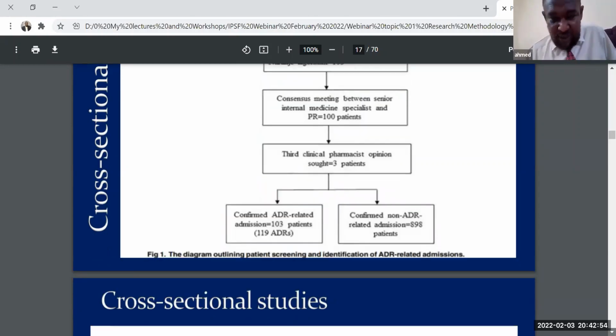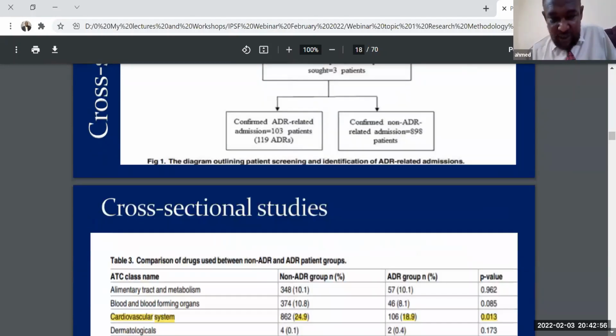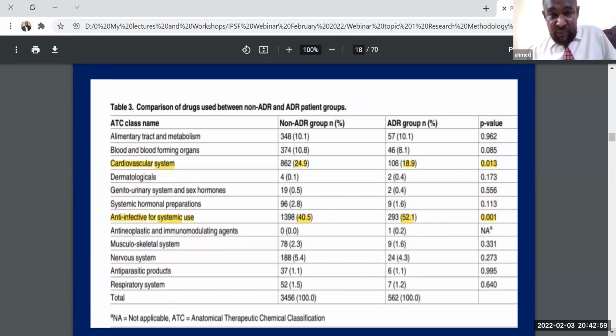We see here there is a table. They compare the non-adverse drug reaction group and the adverse drug reaction group, and they show the p-values instead of confidence intervals. Normally, to indicate significance, we use either a confidence interval or a p-value. The p-value actually represents the probability of error in our finding or estimate.